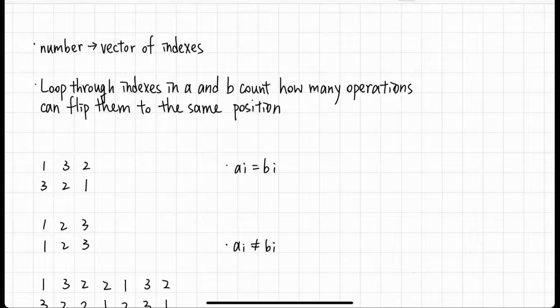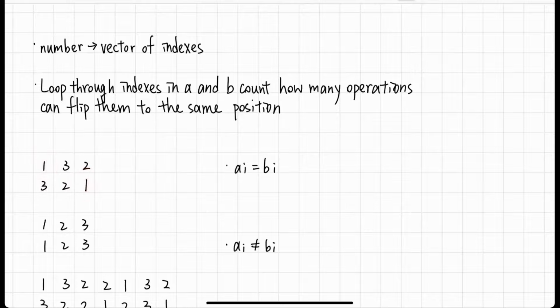For example, if we look at sample input 1, and we're currently looking at the number 1, then in array A, the index stored would be here, and in array B, the index stored would be here.